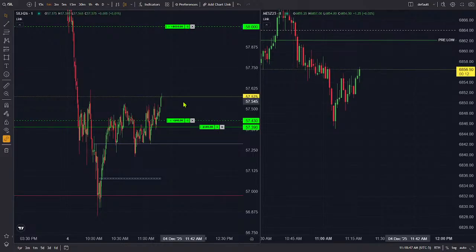It's looking real nice for that, the S&P. At least to get back to settlement.